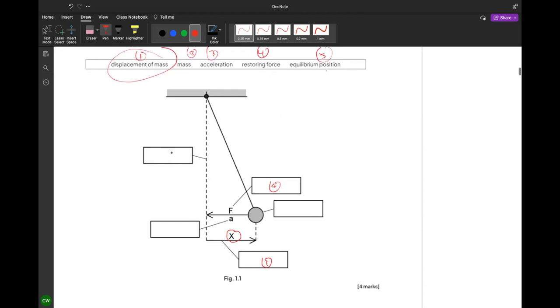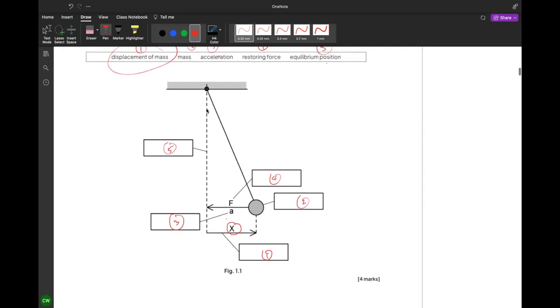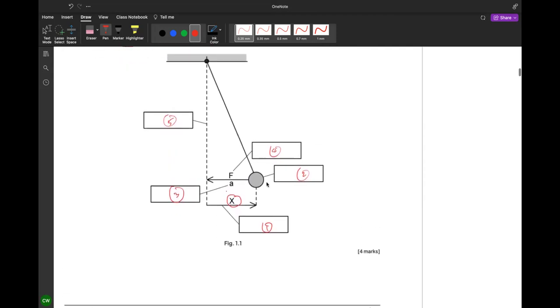Equilibrium position. A, acceleration. The last one is the mass. So this is number 2. This one is the basic definition. I think you should know how to read everything: the line, the force, the acceleration, the displacement, equilibrium position.